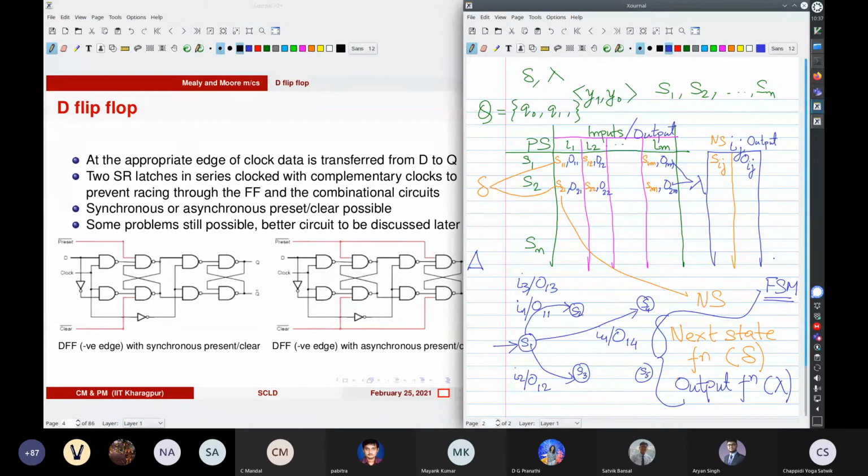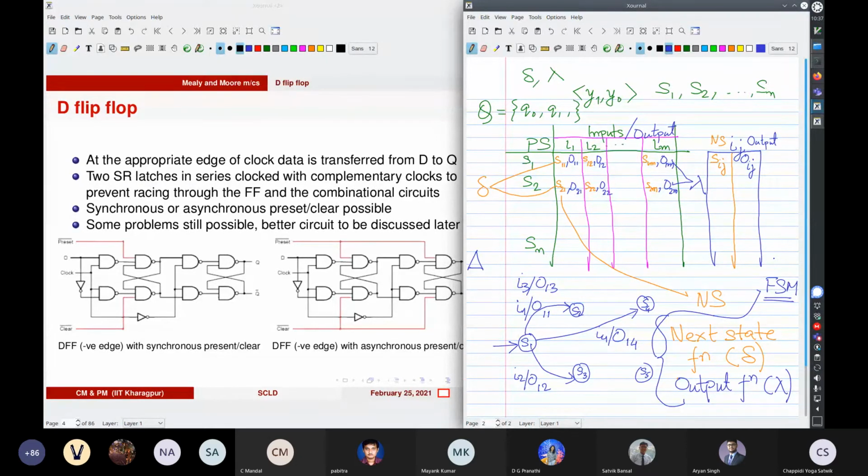Now, what you see is that when you have this transition, you are changing your present state. From your present state, you are making a transition to a new state.